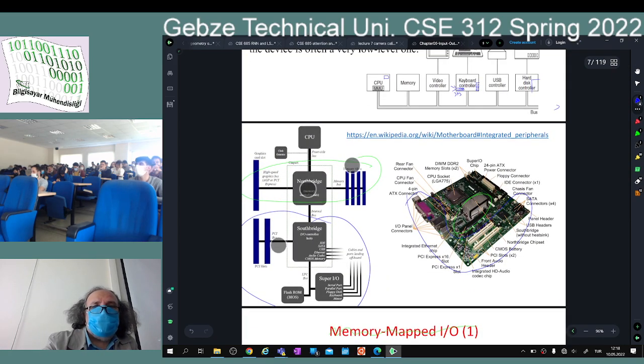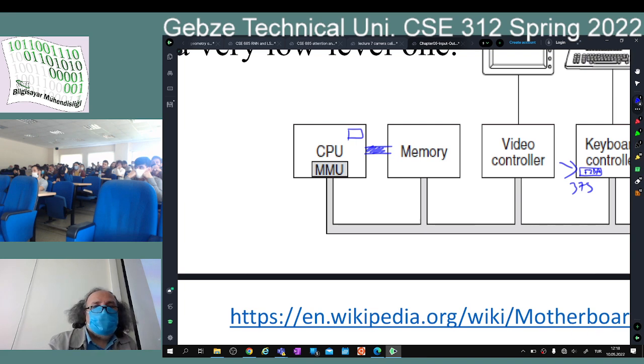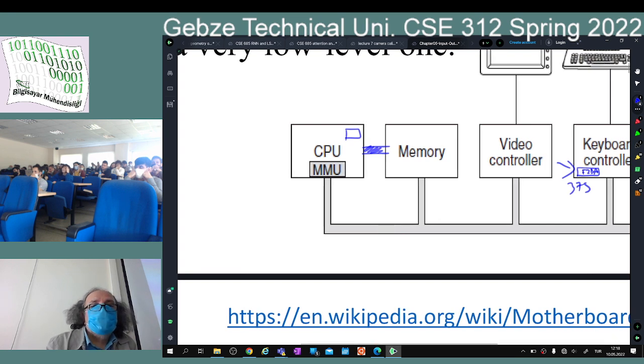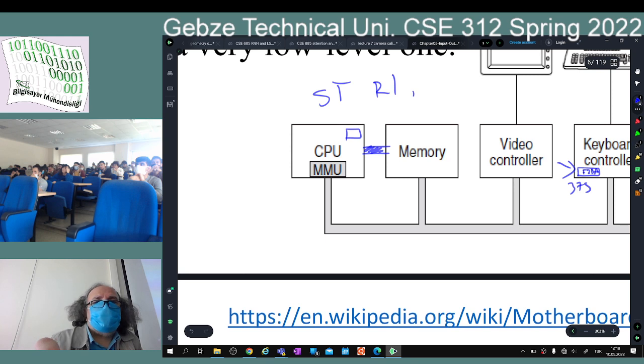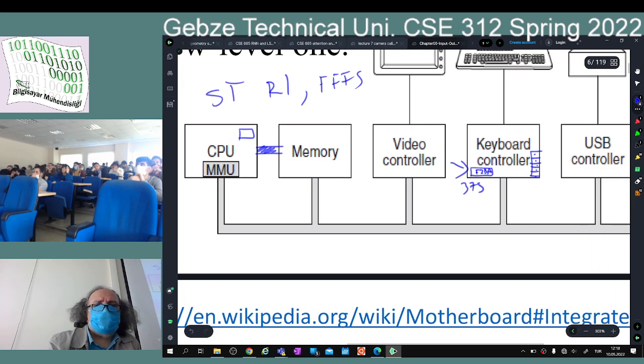As this picture implies, I have a separate connection between these two units. There is a memory bus. CPU and memory communicate much faster than this main bus allows. So if CPU and memory are communicating this way, when I say store register number 1 to this address F5, which is the address of the keyboard, how does the system know that the content of R1 doesn't go to the memory but the keyboard?